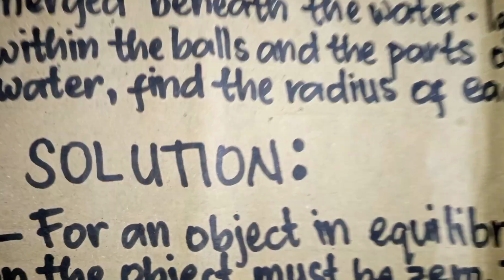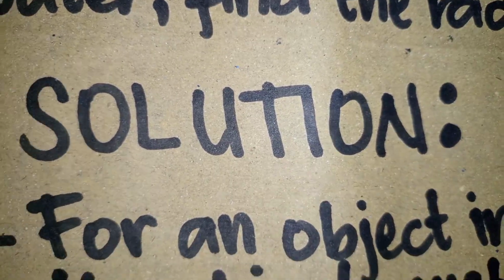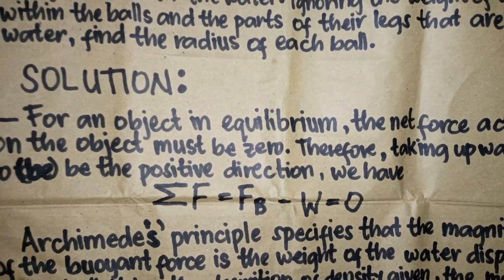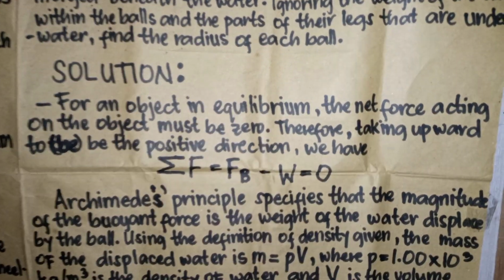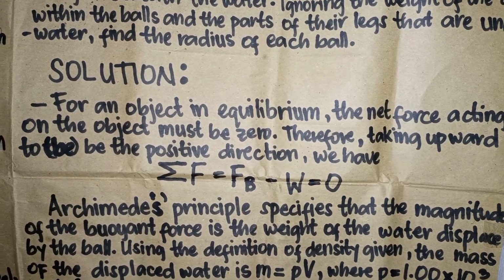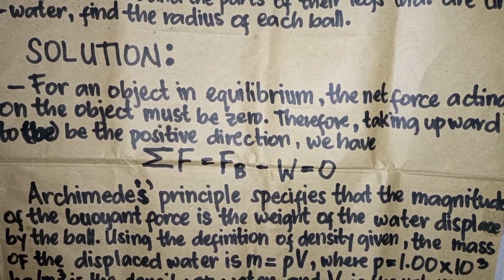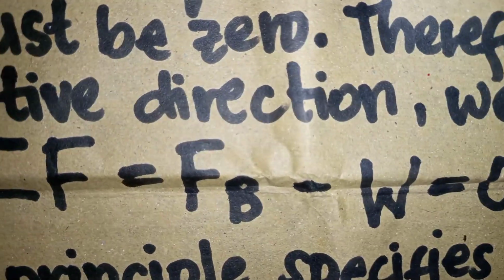So the solution: for an object in equilibrium, the net force acting on the object must be 0. Therefore, taking upward to be the positive direction, we have the net force: the buoyant force of the ball minus the weight equals 0. Archimedes' principle specifies that the magnitude of the buoyant force is the weight of the water displaced by the ball.